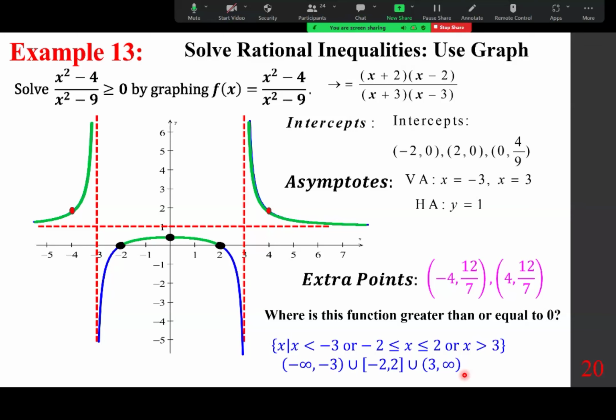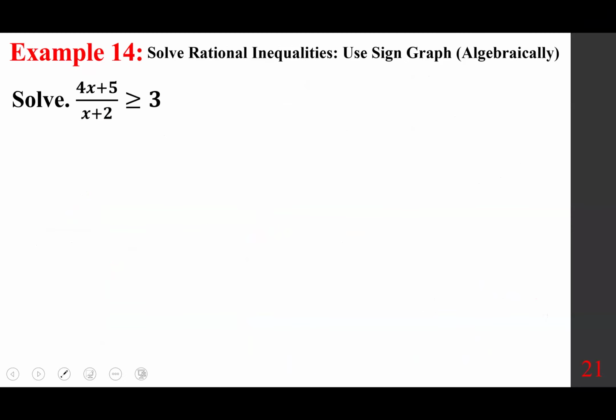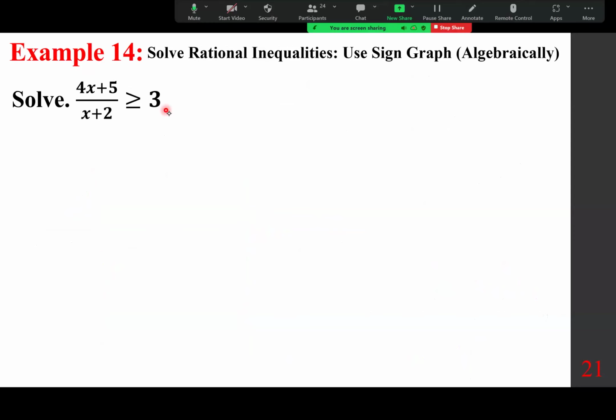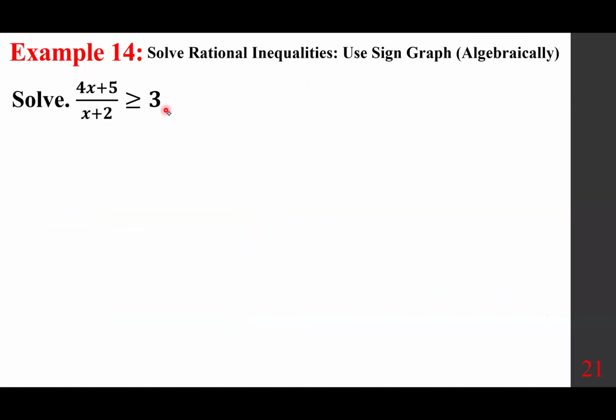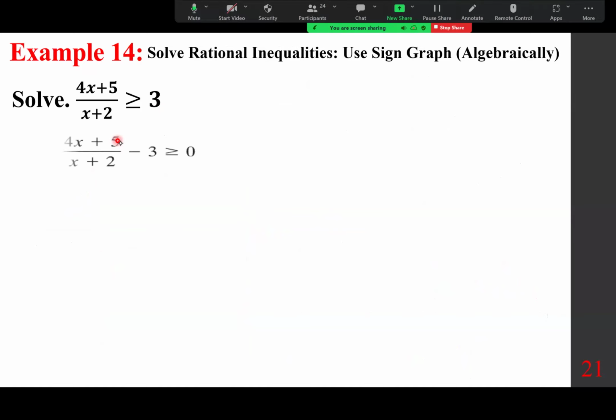Again, this is using the graph. We want to solve this rational inequality. What if one side is not 0? It is extremely important to bring everything to one side. This is the fastest and easiest way. Set one side equal to 0. Whether it's a number or an expression makes no difference.